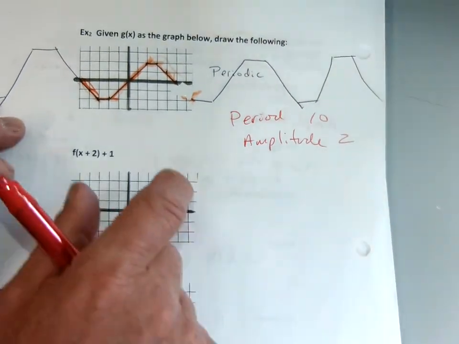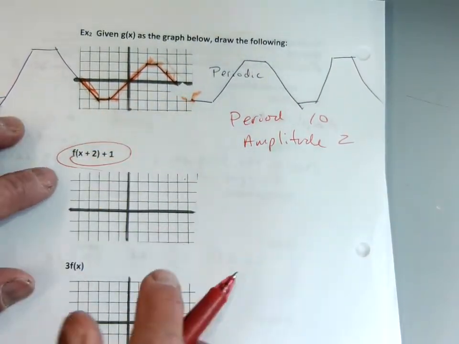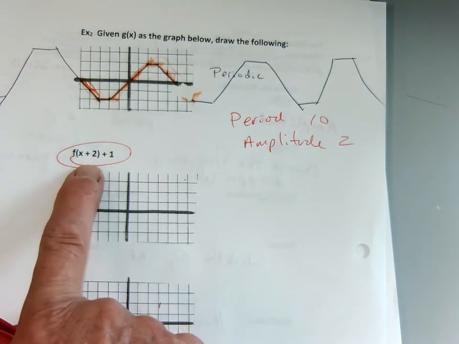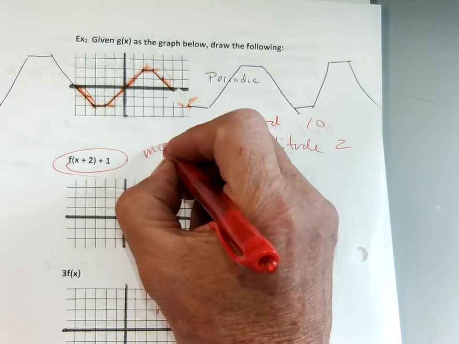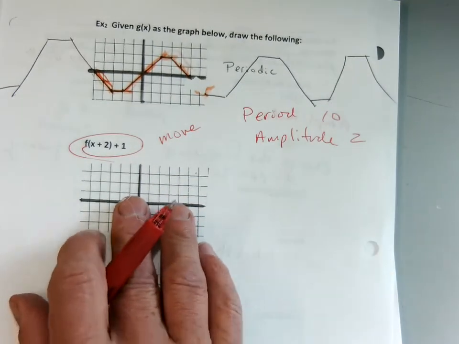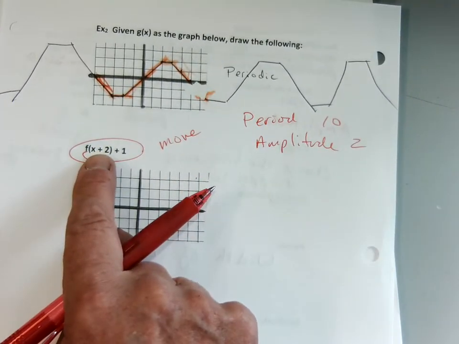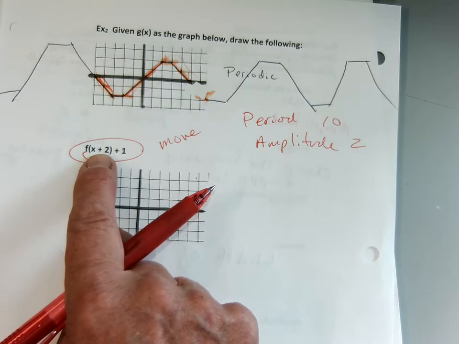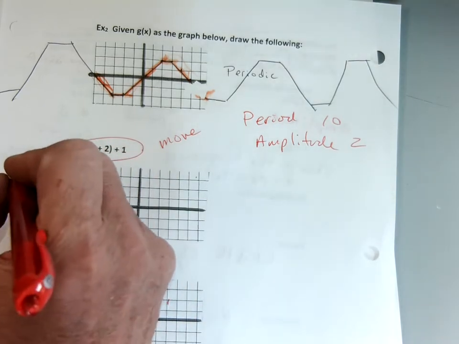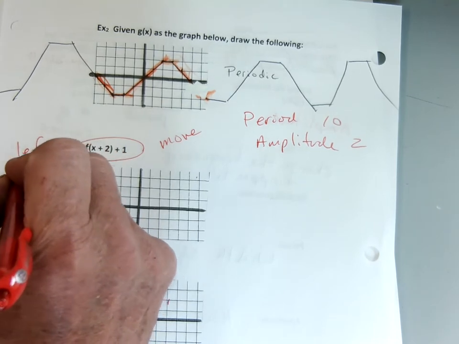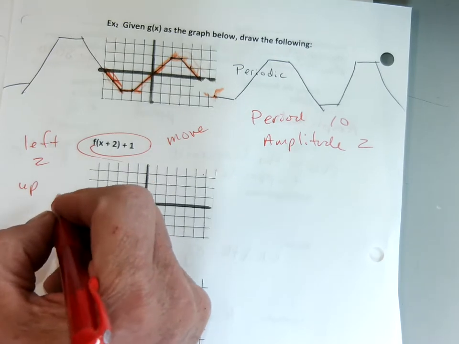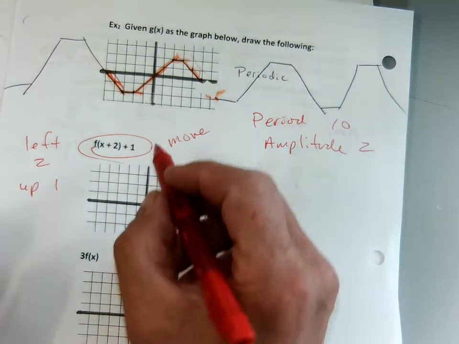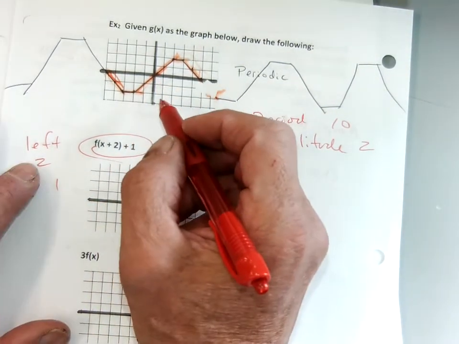So, let's take this curve, and what does this say? We're going to move it. Let's move our curve. How are we going to move it? You're going to move it over 2 and up 1. We're going to move it to the left 2 and up 1. You guys know why it's left? Okay.